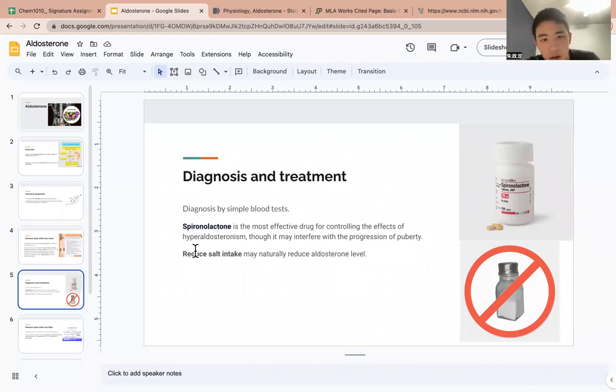The natural way of reducing the symptoms of hyperaldosteronism is to just take less salt. And both this hyperaldosteronism and hypoaldosteronism, which I'm going to discuss later, are diagnosed by simple blood tests.